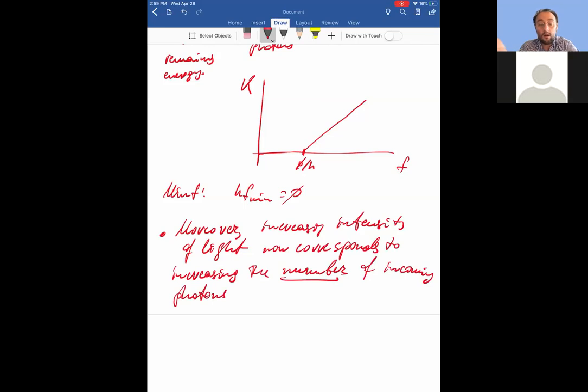So more photons would dislodge more electrons, but their kinetic energy only depends on the frequency.